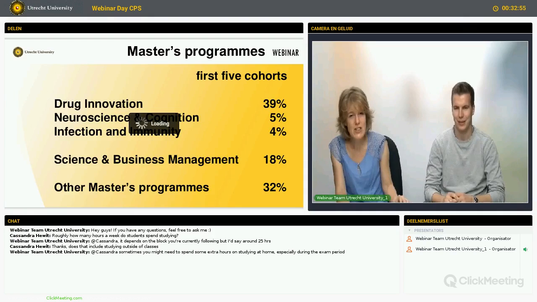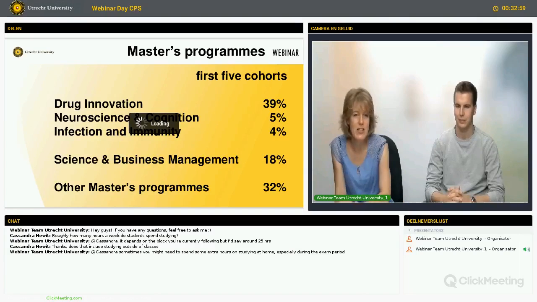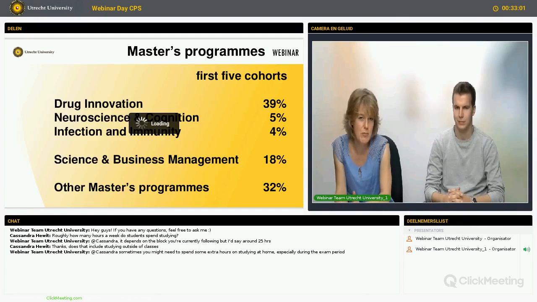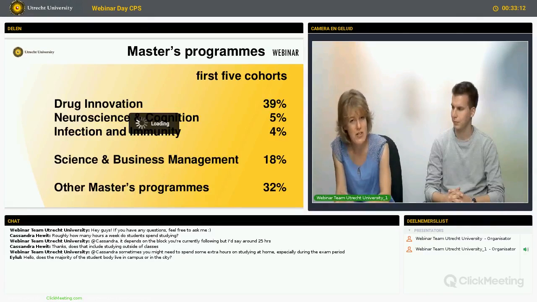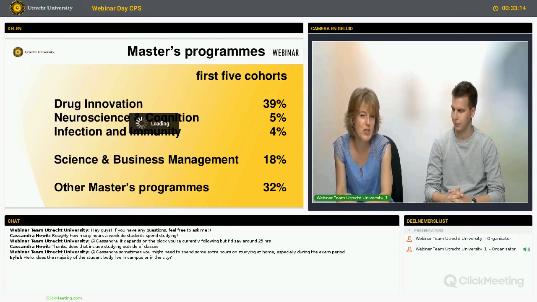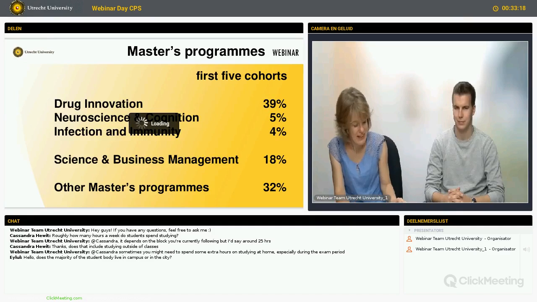What we also did is give you an impression of what our graduates are doing at the moment. Here you see that a great percentage is now doing their PhD because they're really interested in research. The fields are different: there are people in immunity, people in neuroscience, and one girl is doing her PhD in Oxford. Then we have some graduates that are now working in a company in business.